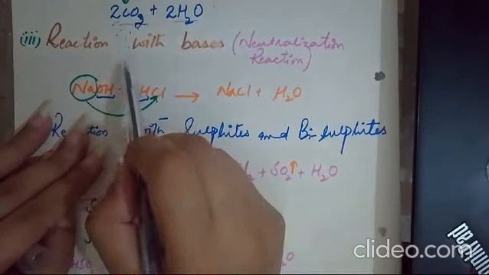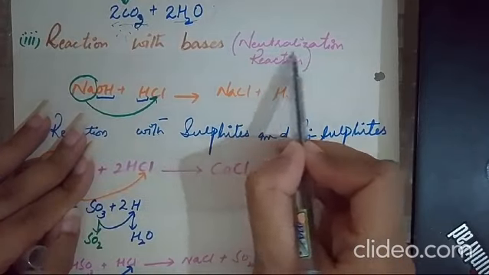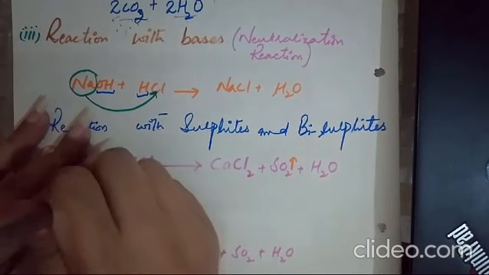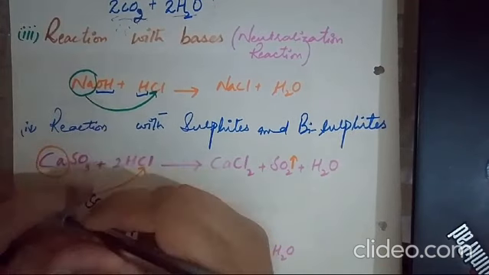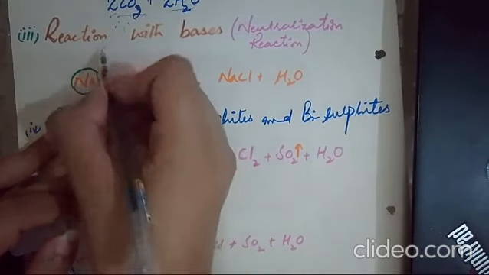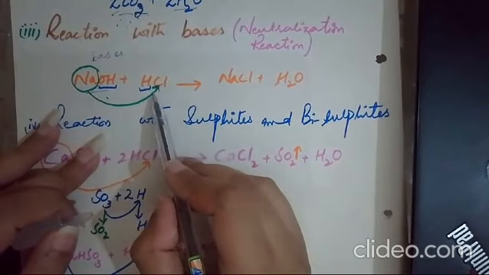Okay, the next reaction is a very simple and very famous one, the neutralization reaction. What happens in the neutralization reaction is we have two reactants. One is our base, sodium hydroxide, and this is our acid.